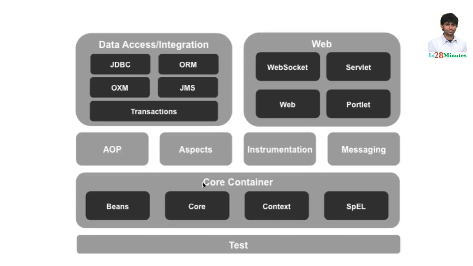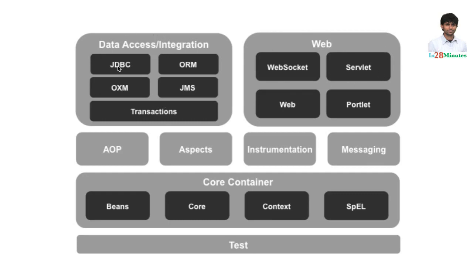The core functionality, the core feature of Spring framework is dependency injection, and it's built in this container components, beans, core, context. The AOP is implemented as a separate module. Messaging is implemented as a separate component. Your Spring MVC framework is implemented as a separate component.